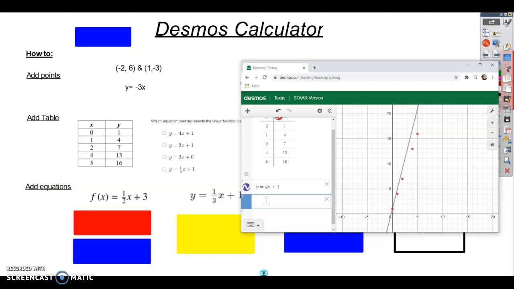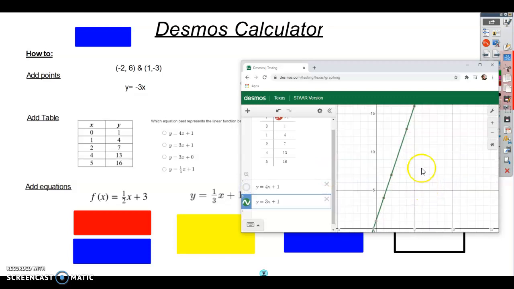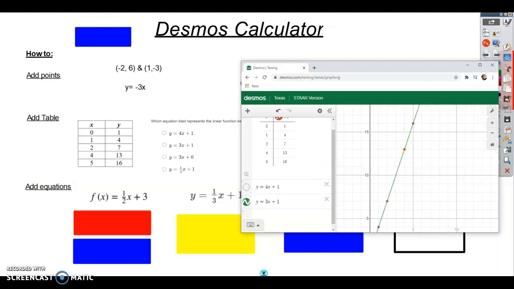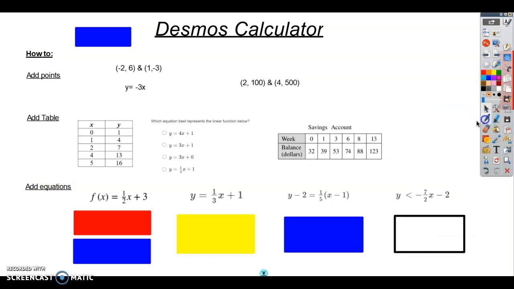The next one is y equals 3x plus 1. And that goes through my points. I can turn this one off and just make sure, I can zoom in, right? So my answer would be right here, B, because that's the one that goes through all of those points, that table. Okay, so that's something pretty cool.